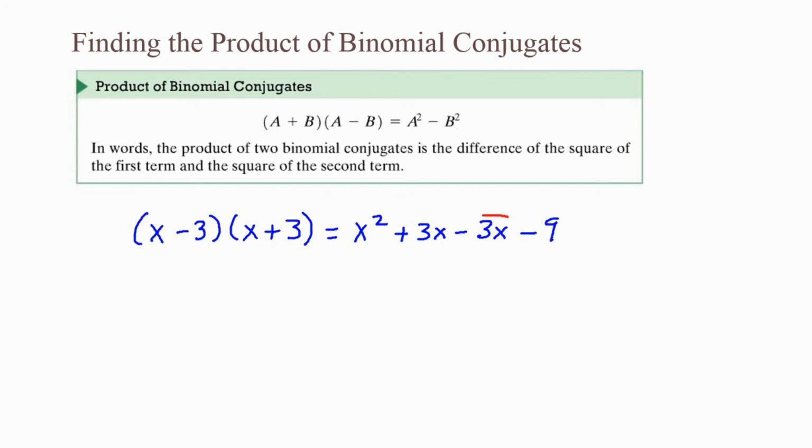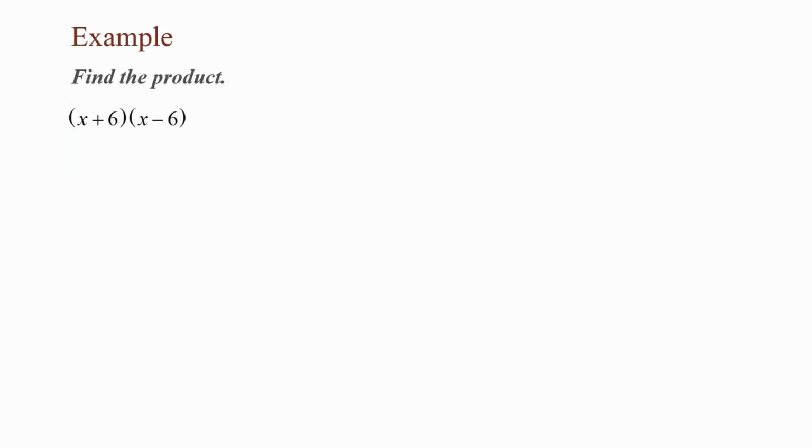Our middle terms of 3x and minus 3x cancel, so our result is x squared minus 9, or the difference of two squares. In this example, find the product x plus 6 times x minus 6. Since we have binomial conjugates, I can just multiply x times x and 6 times minus 6, so my answer is x squared minus 36.